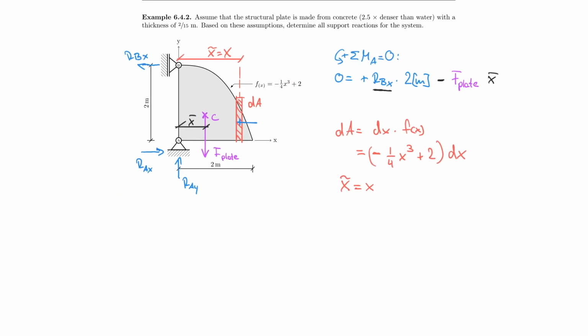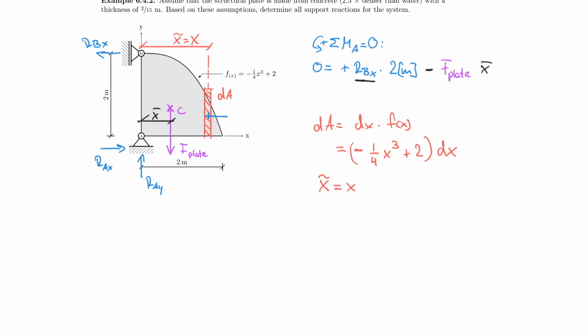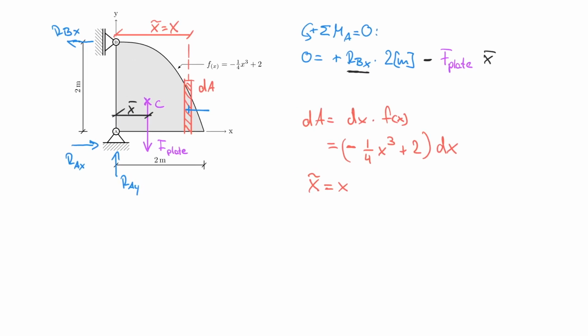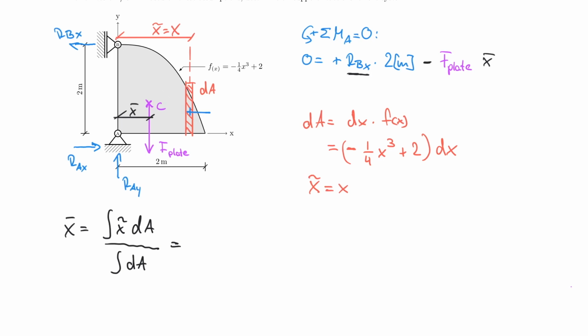And now if I write my standard equation for x bar, right? X bar is equal to the summation of x tilde dA divided by the sum of all dAs. Now all I have to do is grab my components from here and here. So my x tilde is x. So I'm going to use the red color for that. Or actually, let's change colors here for a second, so it's easier to follow.